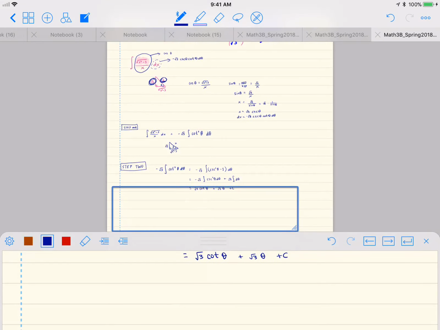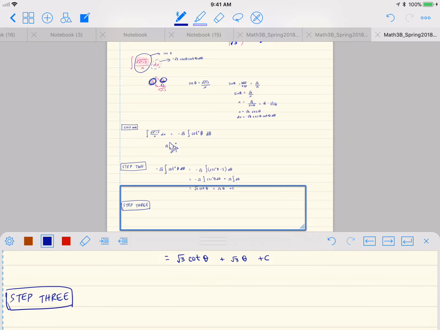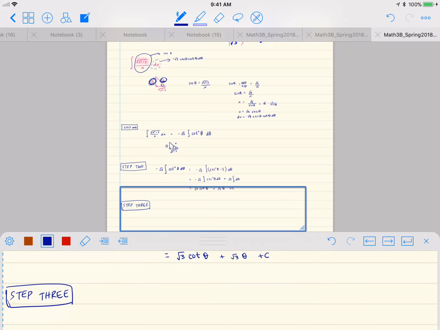And step 3 is where we use the triangle to back substitute. So we've got our answer here in terms of theta, right?